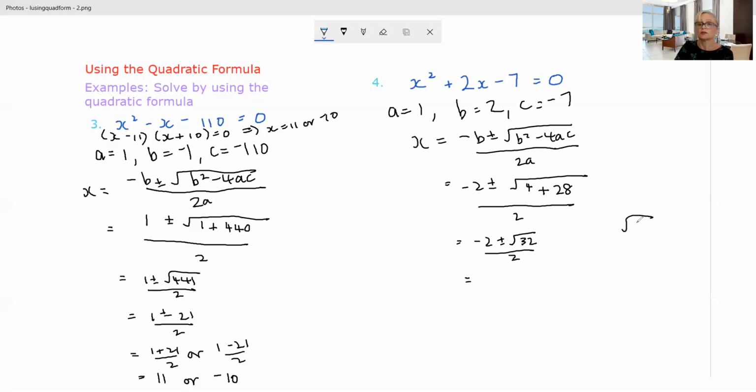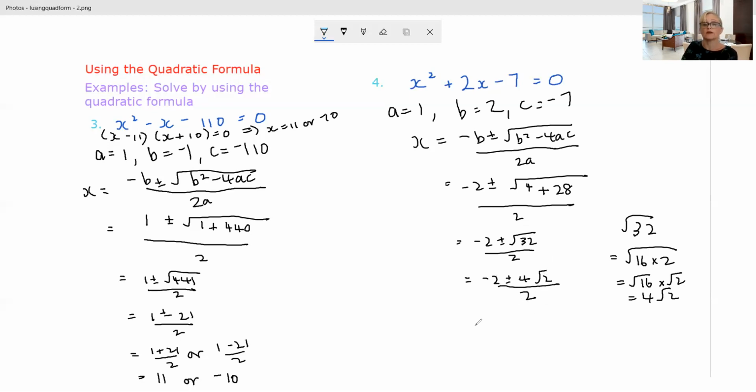Square root 32 is not in simplest form because there is a factor that is a perfect square. That is the square root of 16 by 2, which is the square root of 16 times the square root of 2. So it's 4 root 2. So we get -2 plus or minus 4 root 2 on 2.